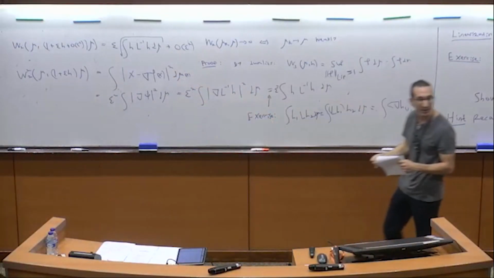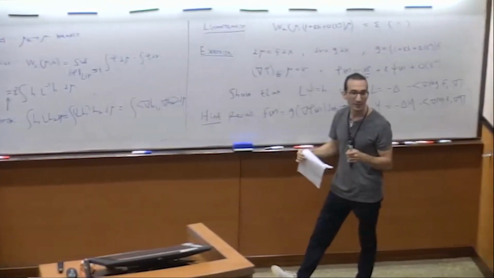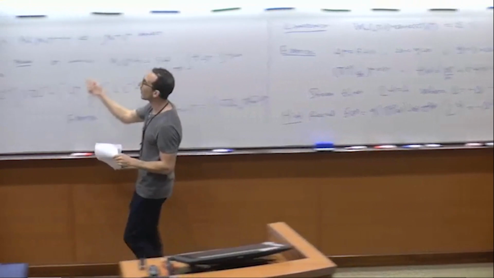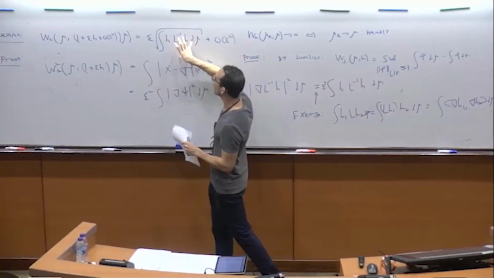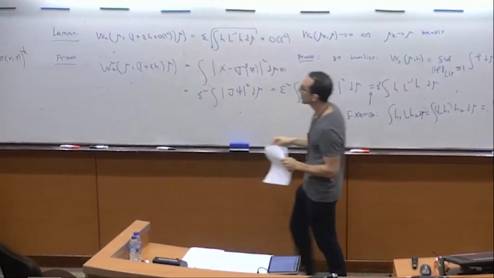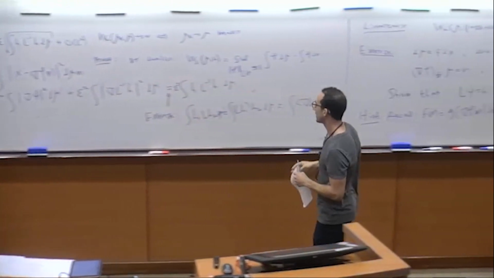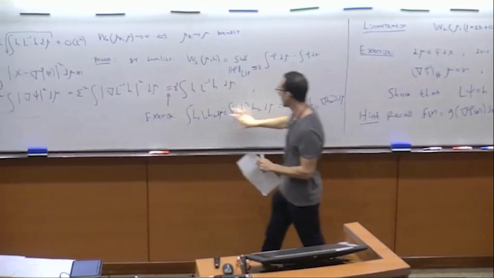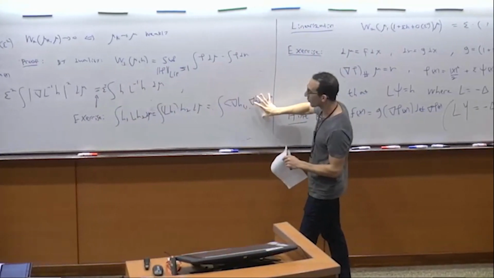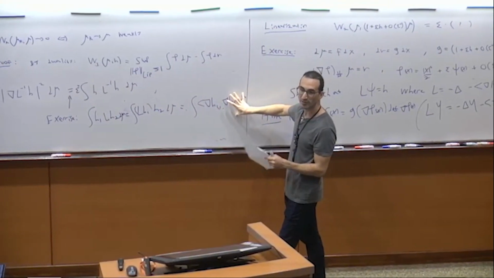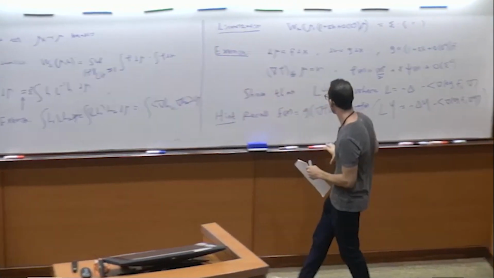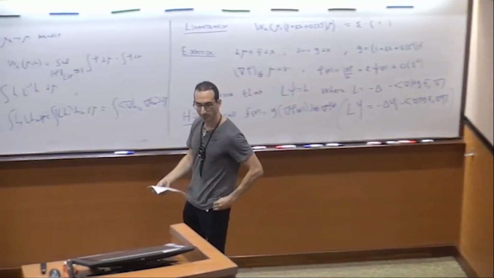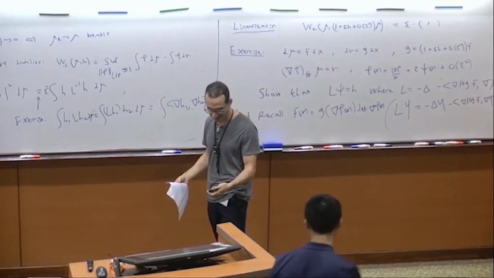So we can say that the first order term in the expansion of the Wasserstein distance in terms of epsilon is this norm of the function h, where the function h comes from the perturbation. And at this step, you use this integration by parts formula, which you prove just by doing integration by parts, which I highly recommend doing. Just remember, L is the expression here. Okay, so I think I'm out of time, so I'll stop here.